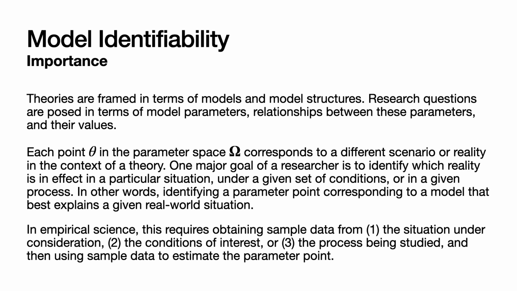One major goal of a researcher is to identify which reality is in effect in a particular situation, under a given set of conditions, or in a given process. In other words, identifying a parameter point corresponding to a model that best explains a given real-world situation. In empirical science, this requires obtaining sample data from the situation under consideration, the conditions of interest, or the process being studied, and then using that sample data to estimate the parameter point.